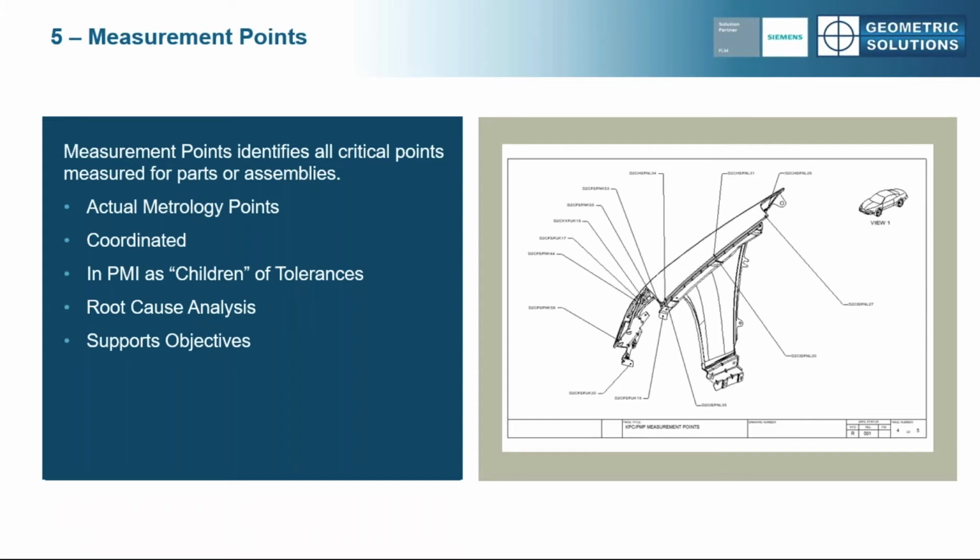That way, when I'm downstream and I'm using this measurement point, it actually knows the tolerances. It knows how it's being defined. It's key in root cause analysis, and the goal here is to support objectives. If this is a fender on a car, and I have 3 sets of points here, I'm going to check the gap in 3 spots on the final assembly. But now I have the data on the parts to support it.